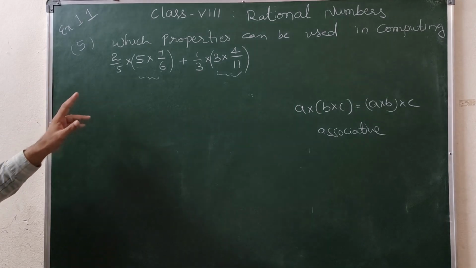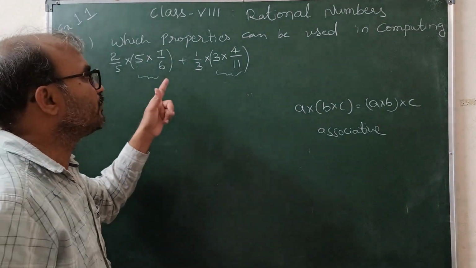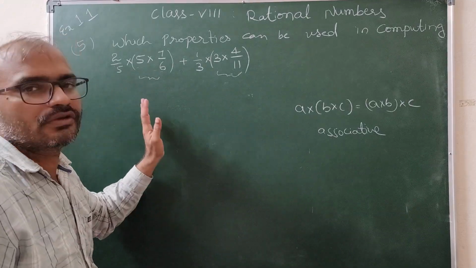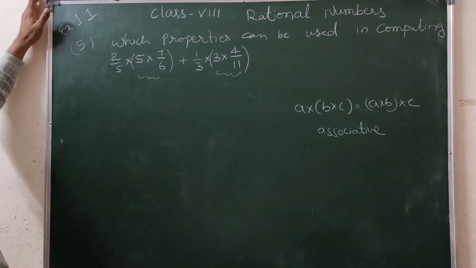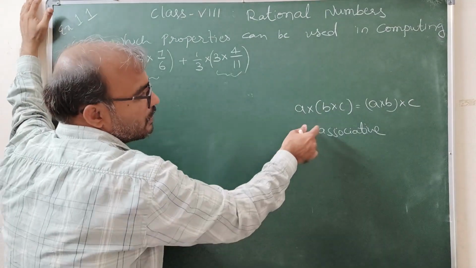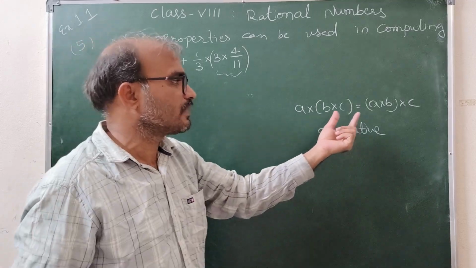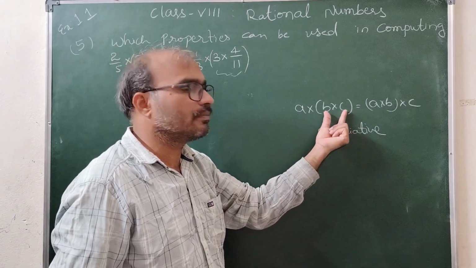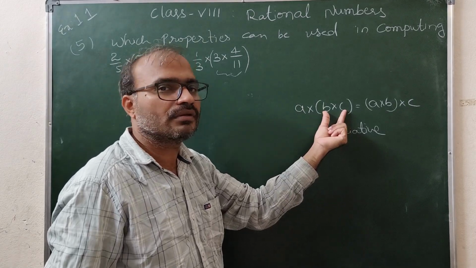So we can compute this using only the closure property, or else using the closure property and the associative property. For using the associative property, if you carefully observe, brackets mean first we have to compute the values in the brackets.